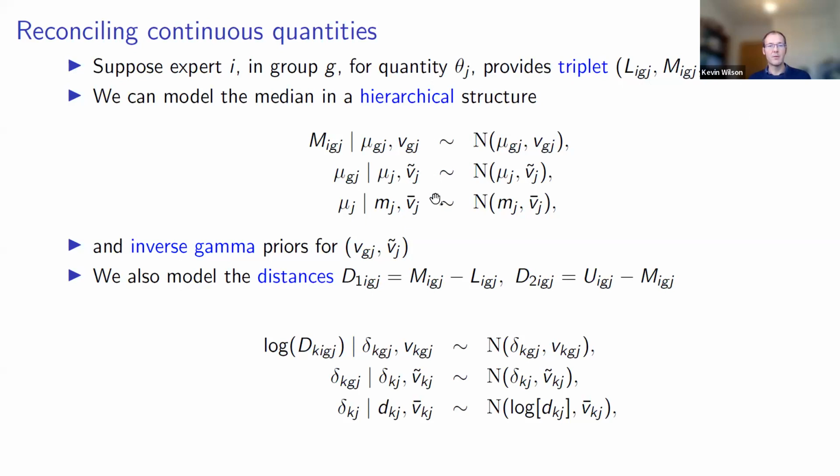So rather than have a hierarchical structure directly for these other two quantiles, instead I'm going to define the distance between the median and the lower quantile, call that D1, and the distance between the upper quartile and the median, call that D2. These can take any value, and whichever value they take, the final aggregated quantiles are still going to respect the relationship. L has to be below M, M has to be below U.